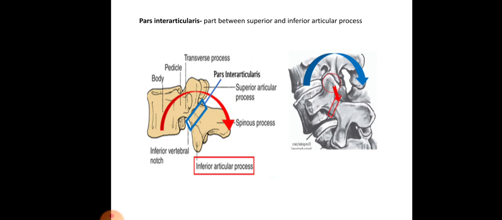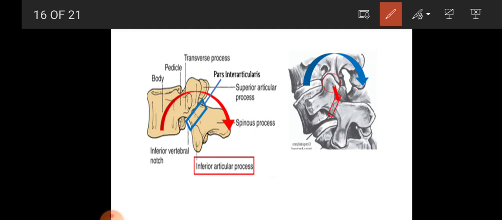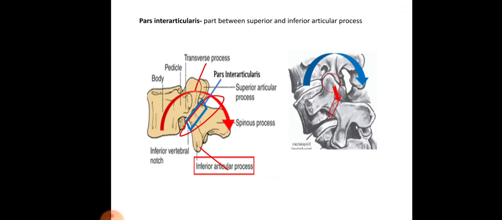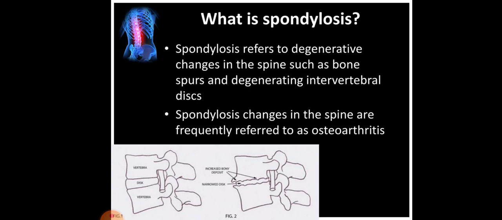Then there is a term known as pars interarticularis. It is the part of the vertebra between the superior and the inferior articular process. So this is the superior articular process, this is the inferior articular process. The area between them is known as pars interarticularis. Then what is spondylosis?